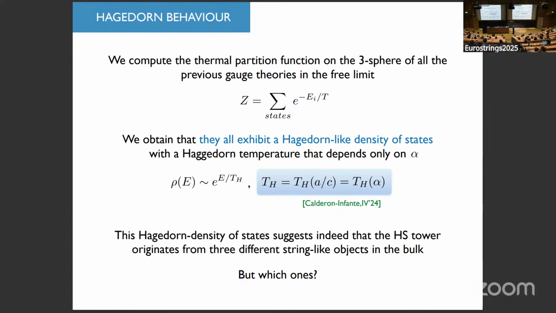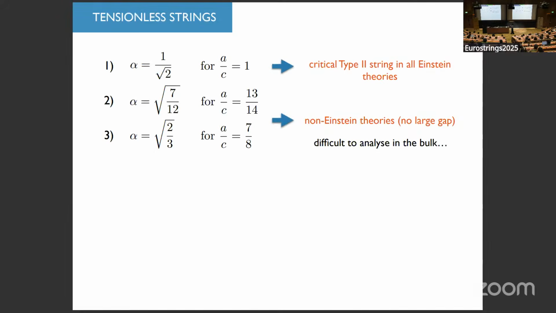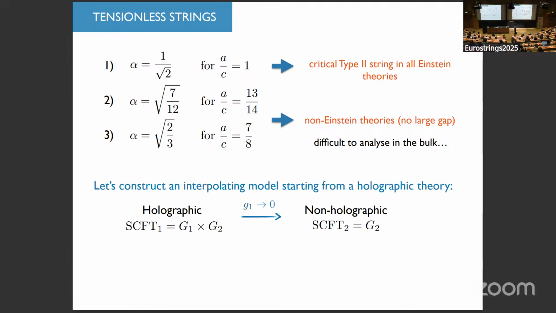But we want to do more. We want to understand whether we can infer what this object is in the bulk. As I said, the first one is just the critical string, but the other ones take place in non-Einstein theories, so are difficult to analyze from the bulk.